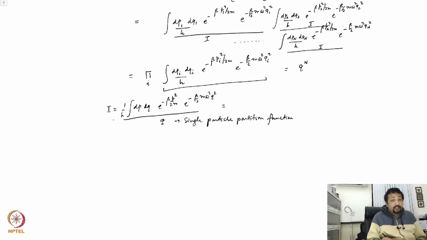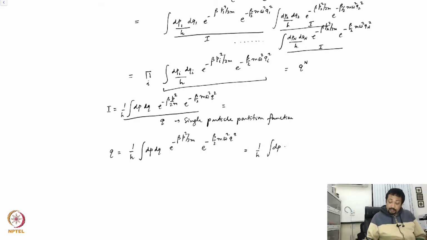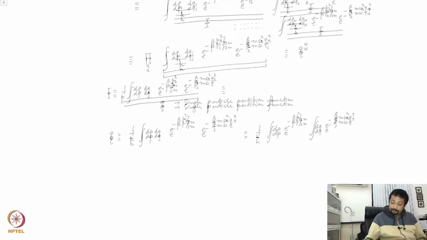So let's evaluate this integral. Let's evaluate q, which is 1 over h, integral dp dq e to the power minus beta p squared over 2m e to the power minus beta by 2 m omega squared q squared, which is going to be, I can separate out the integrals, minus beta p squared over 2m, dq, minus beta by 2 m omega squared q squared.